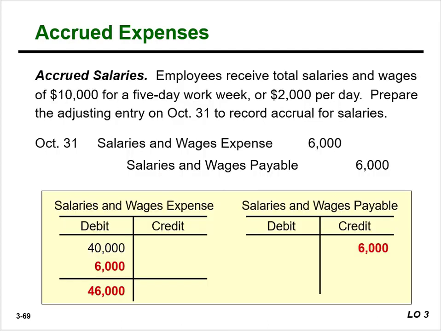And so employees receive total salaries and wages of $10,000 for a 5-day work week. Prepare the adjusting entry October 31st to record accruals for salaries. And so salaries, we're recognizing $6,000 for salary and wages expense, and salary and wage payable for $6,000. So you're going to debit salary and wages for $6,000 and credit salary wages payable for $6,000.